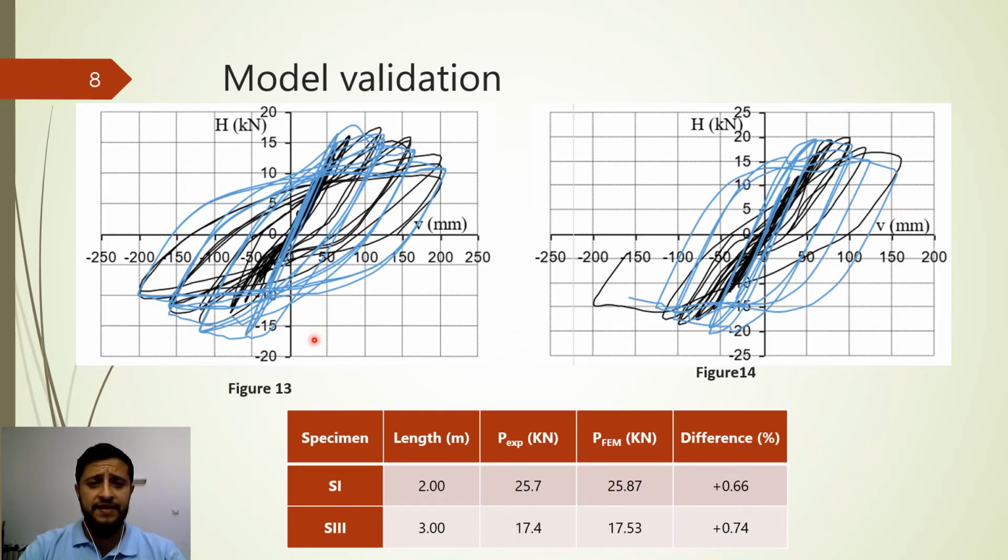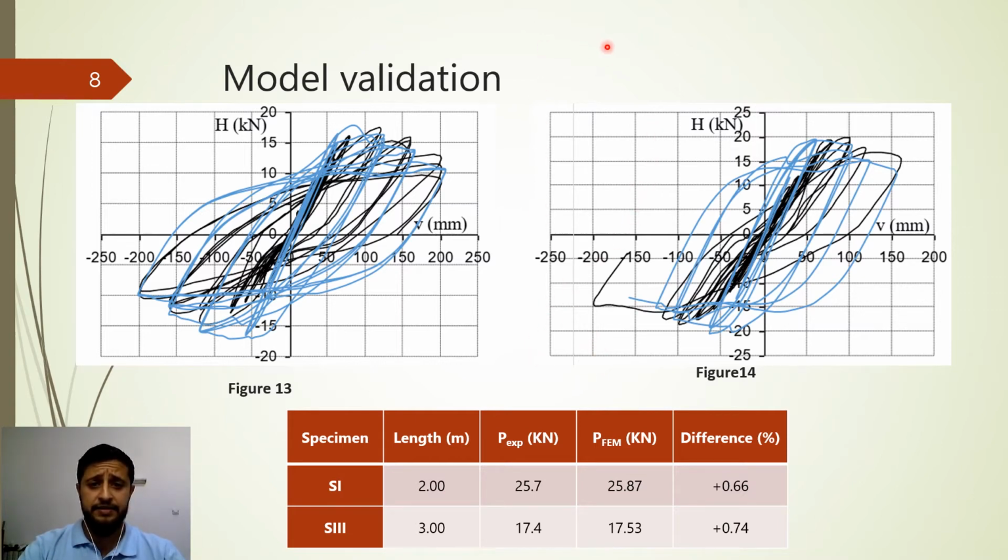To validate the accuracy of the numerical model for the composite column described in the previous section, two previously published results by Herbert et al. were used for comparison purposes. As shown in figures 13 and 14, the black line is the experimental result and the blue one is the numerical result.